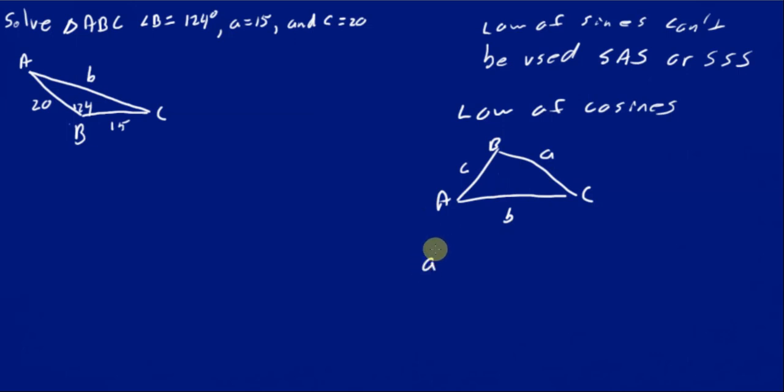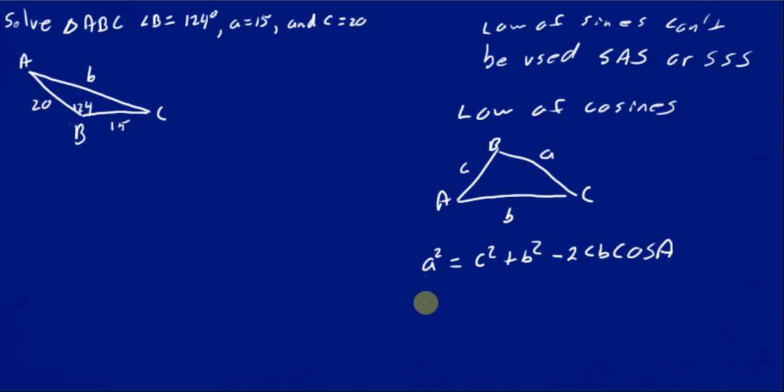A squared is equal to C squared plus B squared. Now that looks like the Pythagorean theorem. However, that's not a right triangle. It's any triangle. So we're going to continue on. These two sides minus 2 times C times B, and then it's always going to be multiplied by the cosine of that angle, so angle A. And that's the law of cosines.